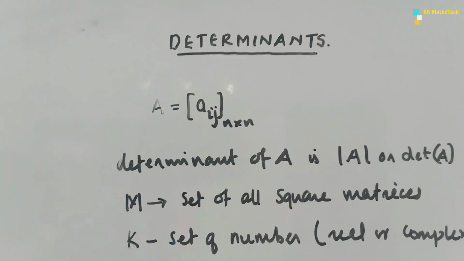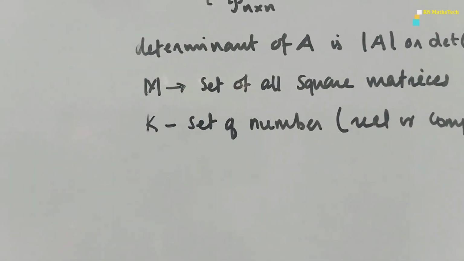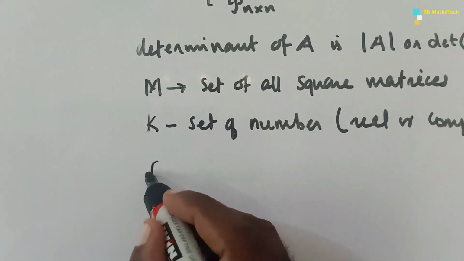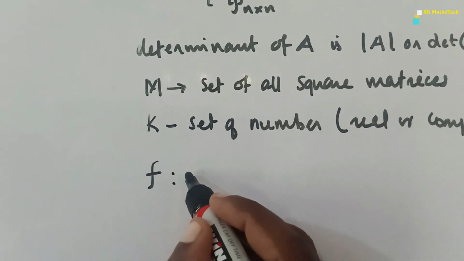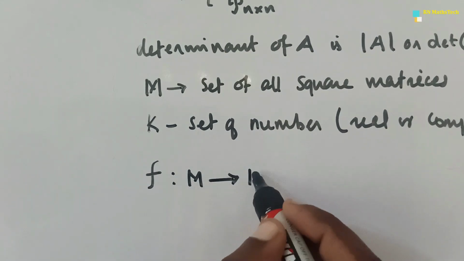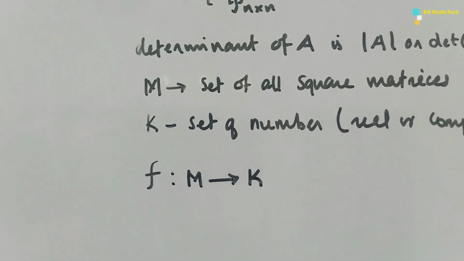Then the determinant is a function. Let f be that function. The determinant is a function from capital M to this set of numbers. That is, for every square matrix, we associate a number that is either real or complex.